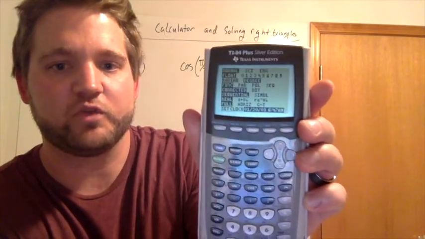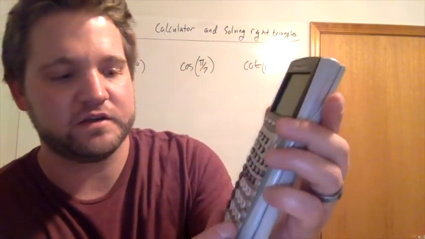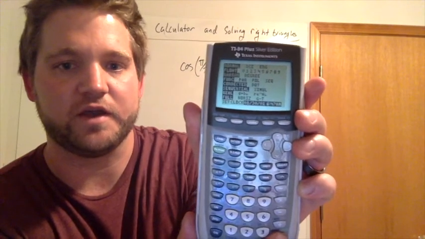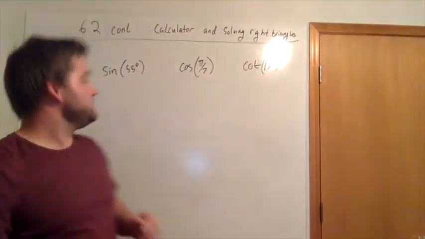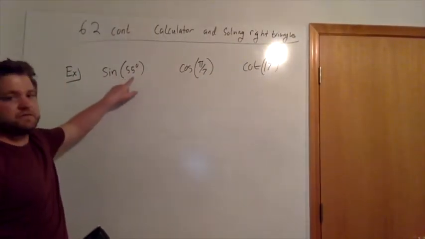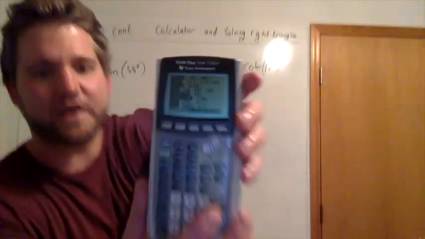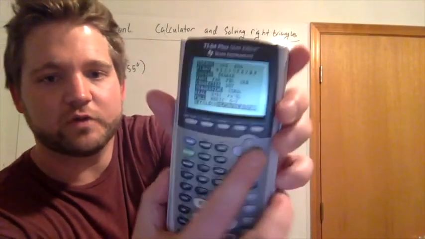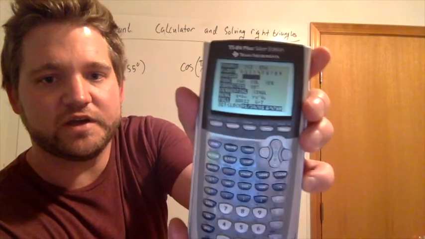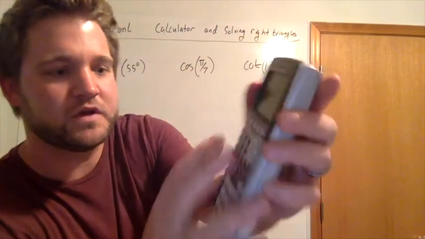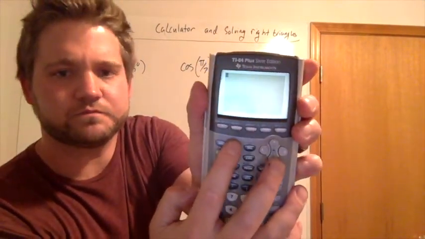If I want to switch to radian mode, I'll highlight radian and hit enter, and I'll be in radian mode. For our first example, I want to calculate sine of 55 degrees, so I want to make sure my calculator is in degree mode. So I'll scroll over to degree and hit enter, and I'm in degree mode. I'll hit second quit.